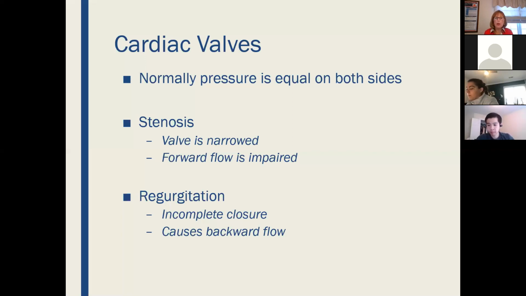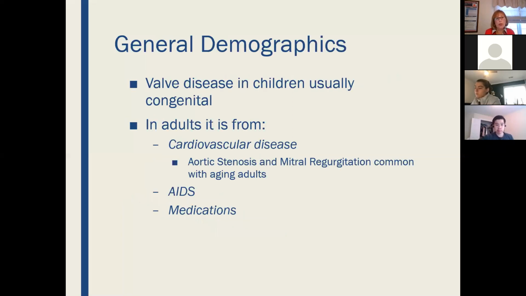If you have regurg, you have an incomplete closure. So now your valve is floppy. And so it lets the blood out, that's fine, and then it goes to close, and it's not quite closed. So the blood can regurg back where it came from. And that does not support unidirectional flow of blood. So those are your classifications.